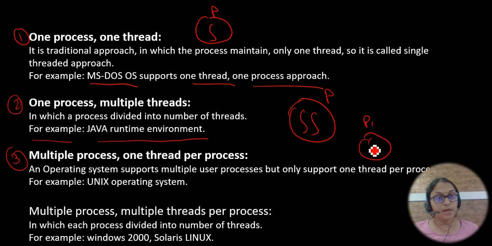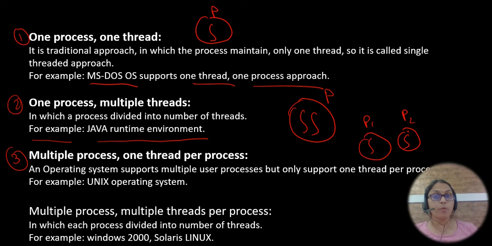Coming to the next one, multiple processes, one thread per process. Here the operating system supports multiple user processes, but only one thread per process. Remember that.